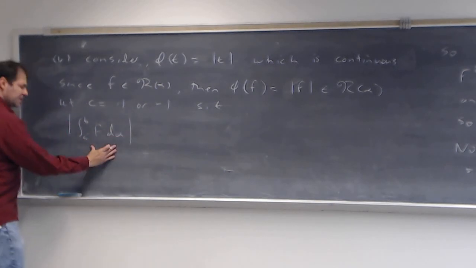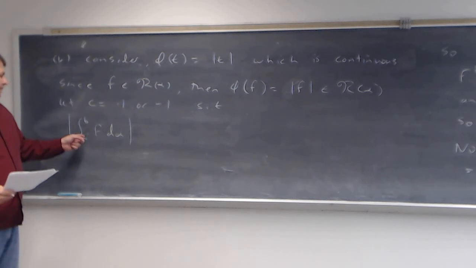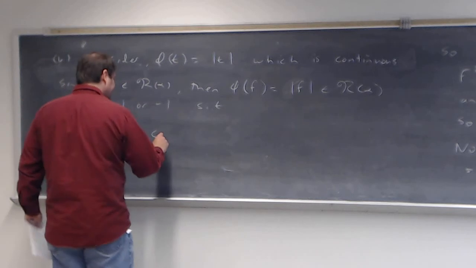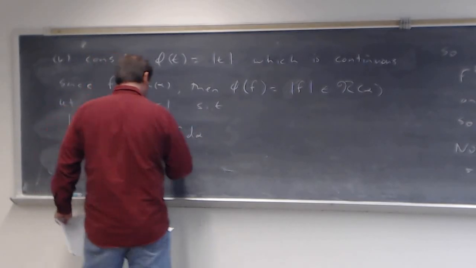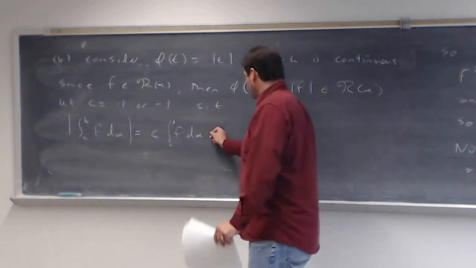Now look, this integral is a number. We're taking the absolute value. That's either equal to this integral or minus this integral. So I'm going to say it's equal to c times this integral, and it's either plus or minus 1, whichever it is. And of course, we bring that constant inside.